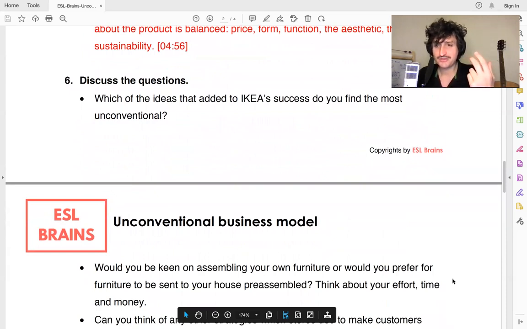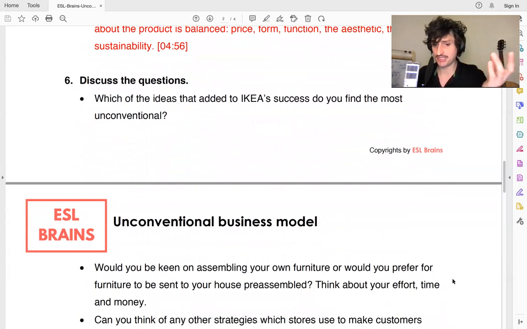Also talk about, would you be keen on assembling your own furniture? Okay, so talk about this. Do you like to build your own furniture, to assemble your own furniture? Or would you prefer for it to be sent to your house pre-assembled, meaning you don't have to build it. You don't have to assemble it. You just put it up. Yeah, they deliver it and it's already built. Okay, think about the effort, the time, the money it takes.